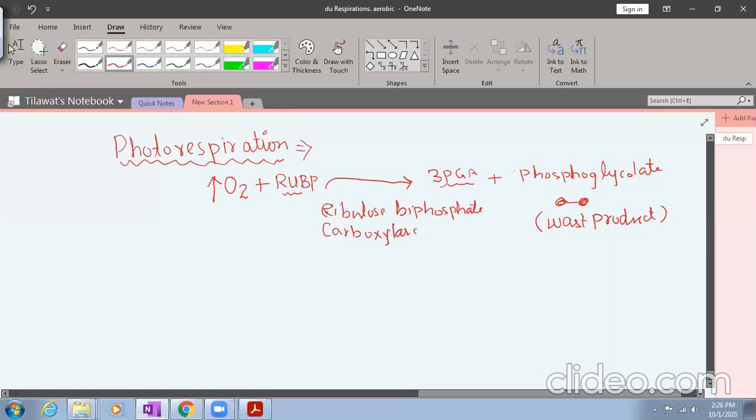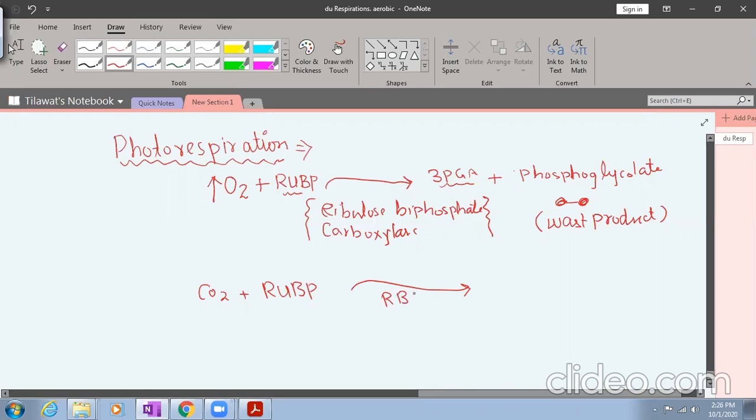This enzyme normally binds what? Carbon dioxide with RuBP in the dark reaction of photosynthesis, right?